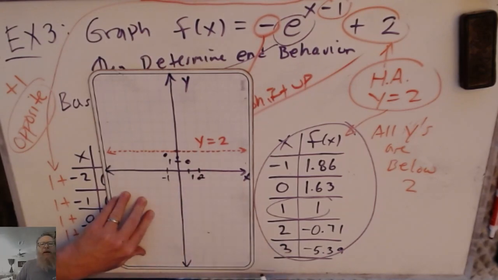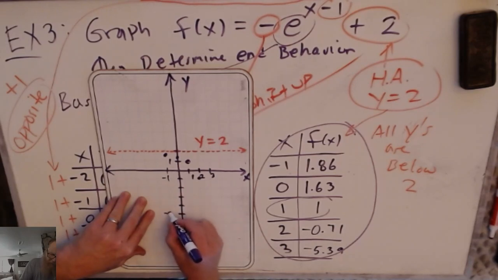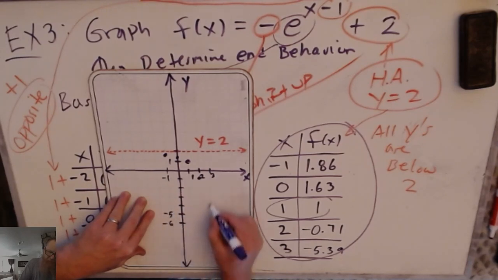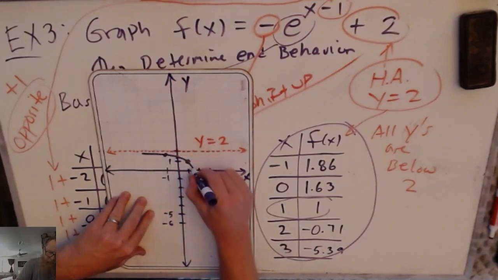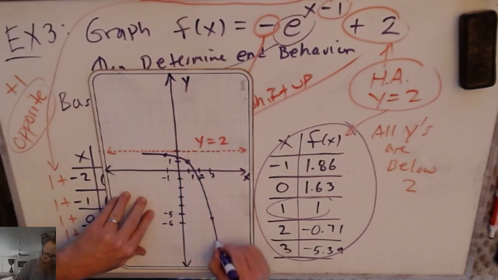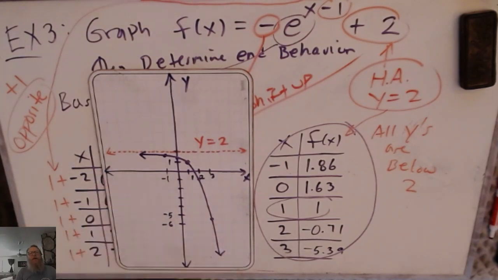It's right about there. And then 3 and -5.39, so right about here, between -5 and -6. There's your graph.